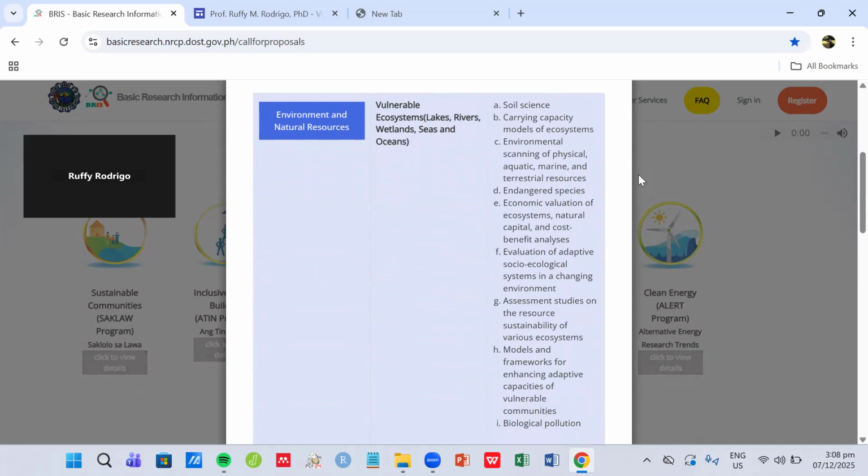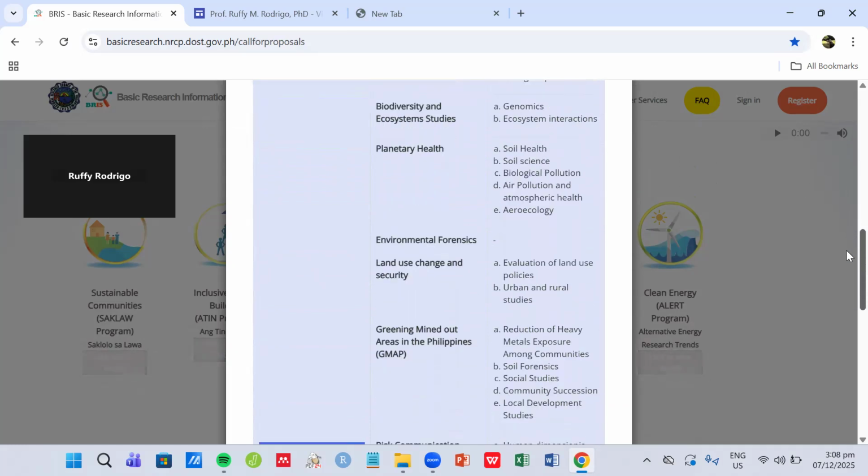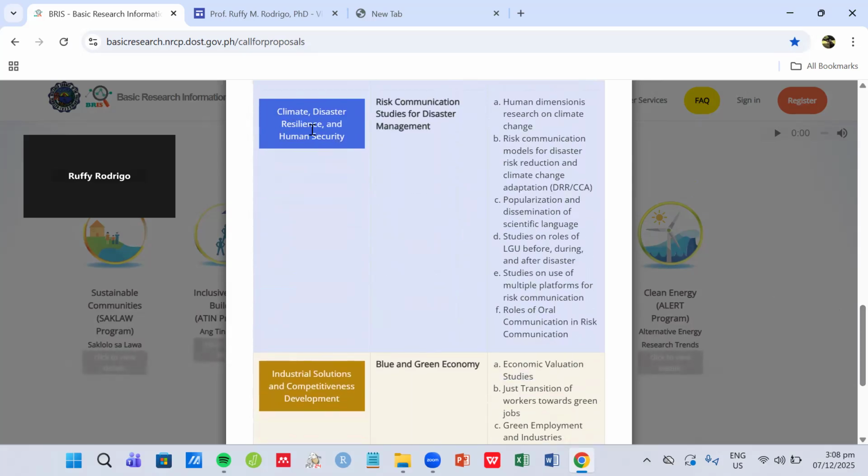There is a lot of that, and you just have to look at which priority areas your research is aligned with. Let's say, for example, another one: Climate, Disaster Resilience, and Human Security. There is again a subtopic, human dimensions research for climate change.